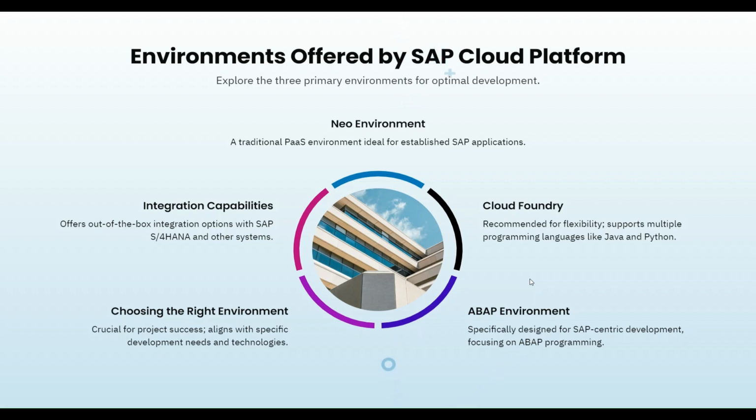The ABAP environment is for SAP-centric development, designed specifically for applications written in ABAP. Choosing the right environment is crucial because it aligns your project with the appropriate technologies and goals. We'll break down each environment to help you make an informed decision.